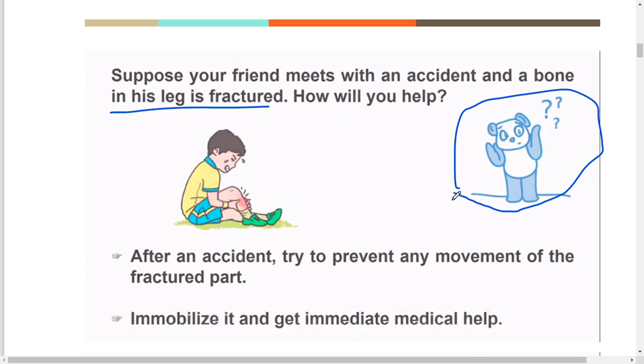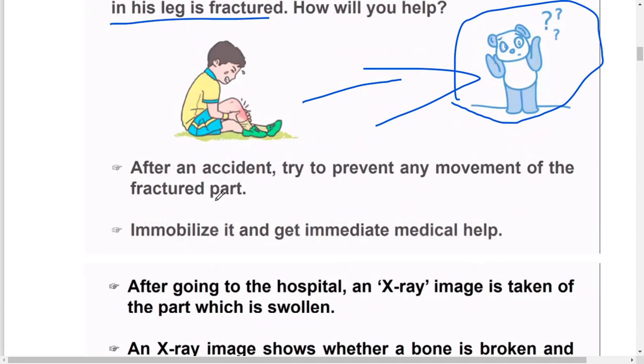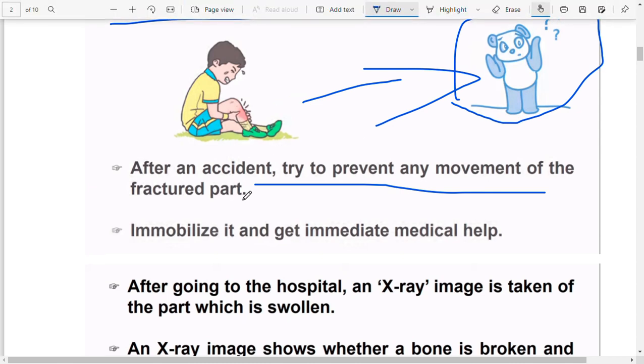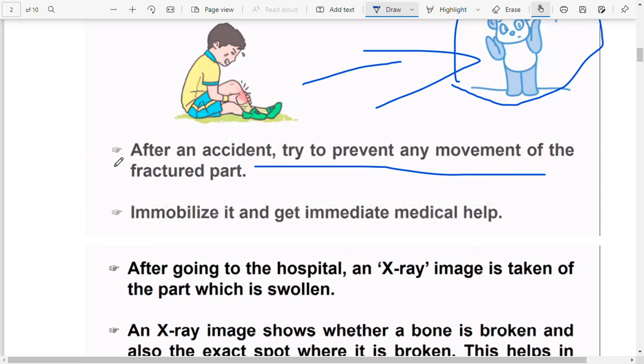Think how you are going to help him. First, you are going to try to prevent any movement of the fractured part. That means you are not going to move the fractured part on which he has got hurt.